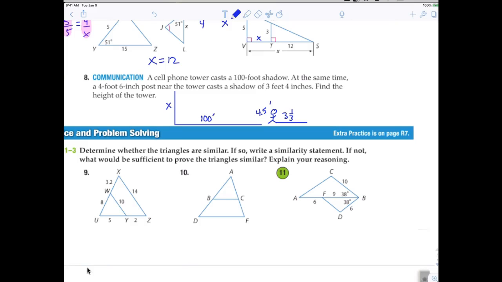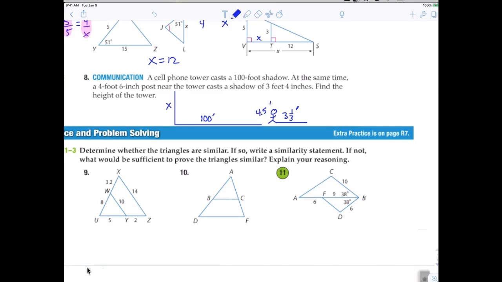What's the matter, Walker? Why is it 4.5 not 4.6? Are you sure? 6 inches. 12 inches a foot, so half. All right. So we're at 3 1/3.